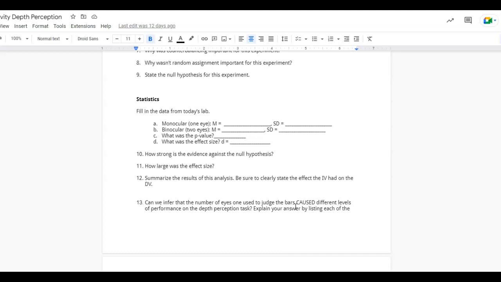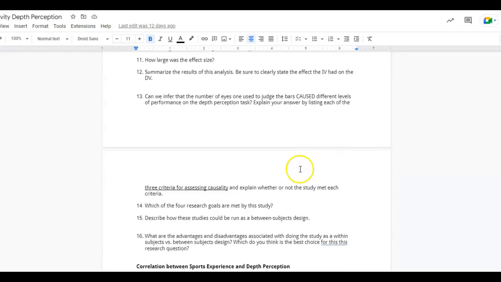So we don't have concerns about order effects. The only difference between these two conditions, everything was the same. It's even the same people in our two conditions. Everything's the same except whether you used one eye or two eyes. Okay. So in this case, all three criteria are met, and so we can infer causality.